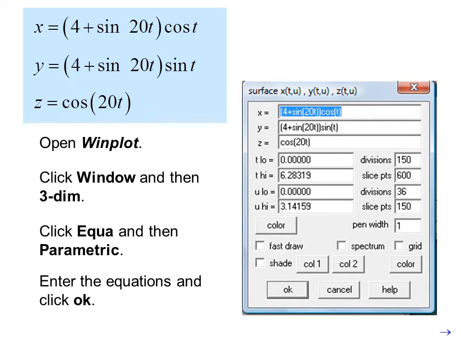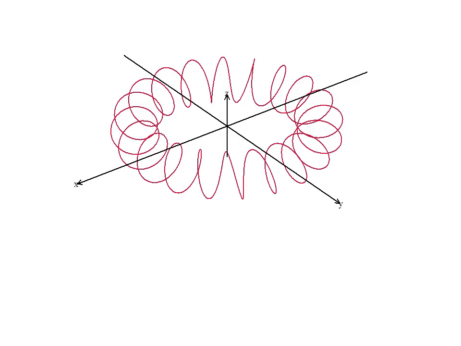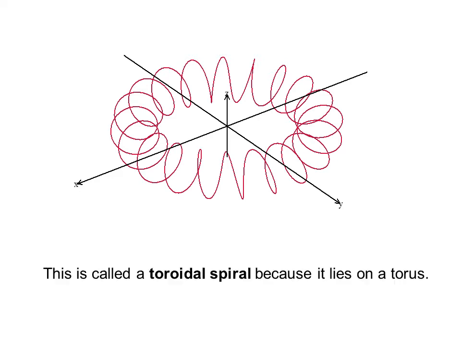Enter the equations and then click OK. And there we have our curve. This is called a toroidal spiral because it lies on a torus.